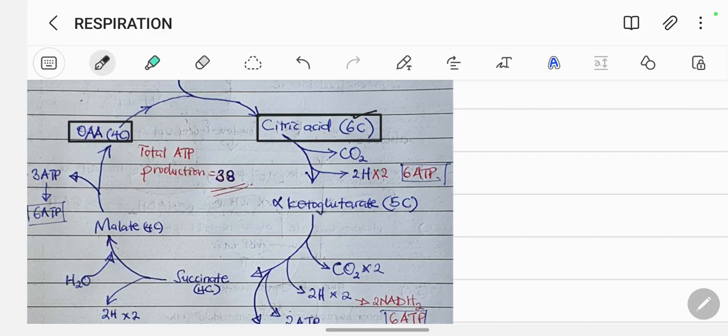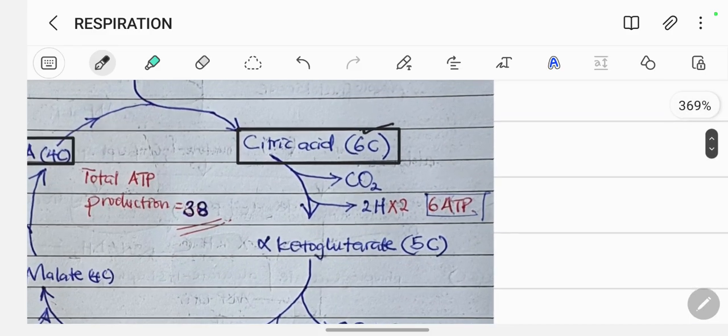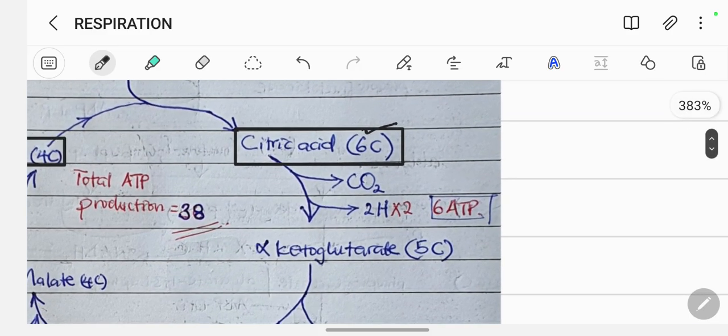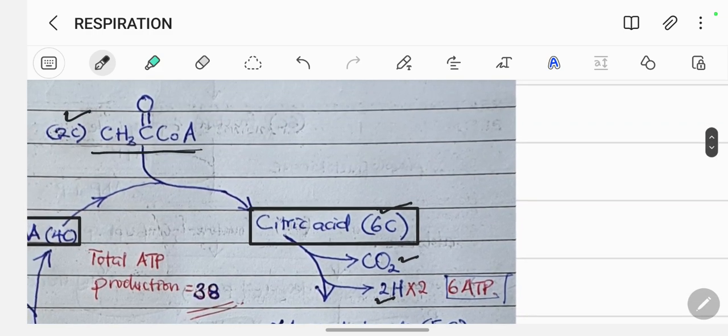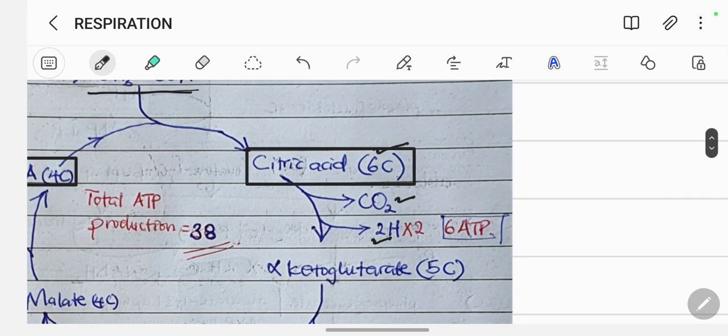So after that, we are going to give off carbon dioxide, and we give off 2 hydrogen atoms for every molecule of acetyl coenzyme A. When I multiply by 2 here, it means that now there are 2 molecules, and each is giving me 2 hydrogens.